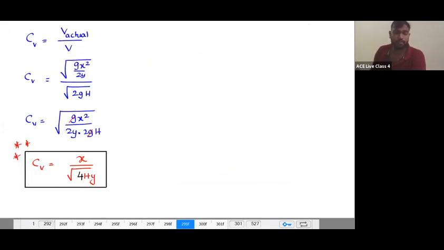And there is one more coefficient known as coefficient of resistance, represented with CR.